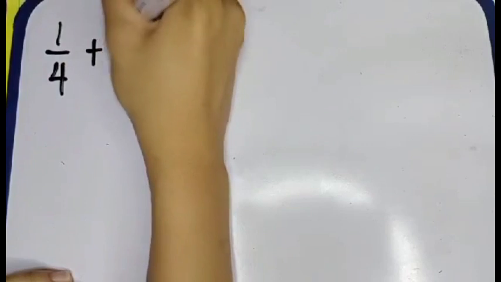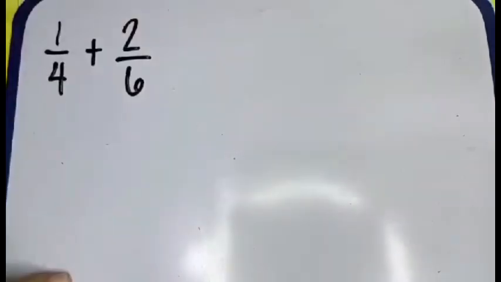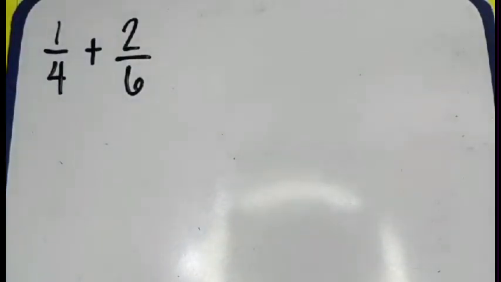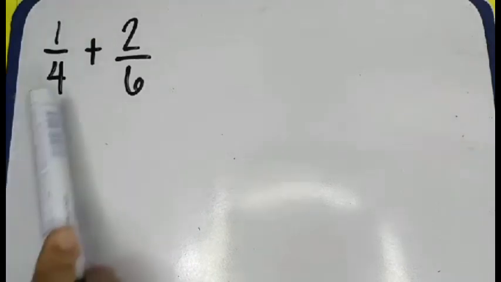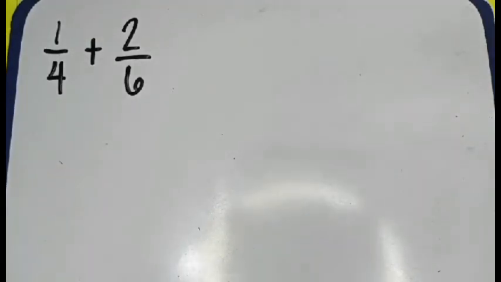Next, for the second example, we have 1/4 plus 2/6 or 2 over 6. Same process lang sa number 1 example dahil ito ay dissimilar fraction pa din. So first, hanapin ulit natin ang LCM ng both denominators, which is 4 and 6. So the LCM is 12. That's why our denominator is 12.